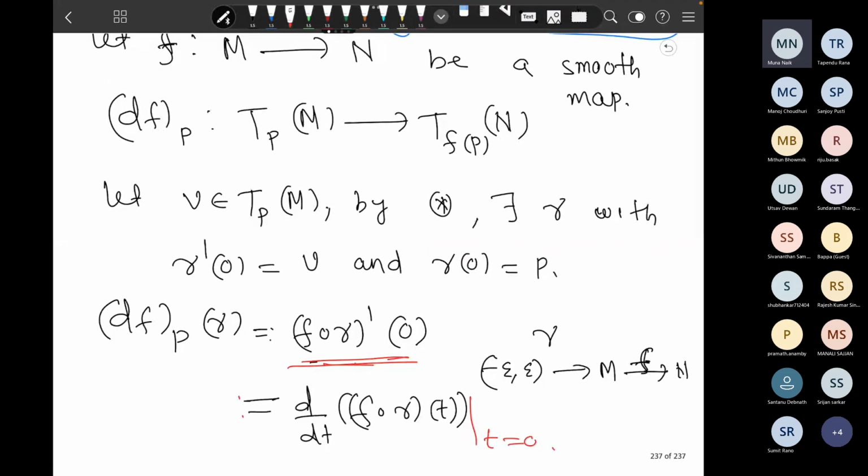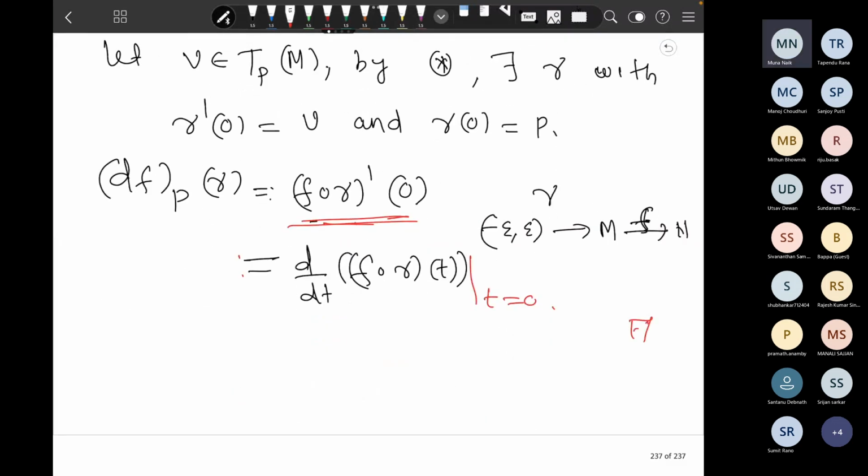And this is another description of df_p. Okay, so this is also an important description.